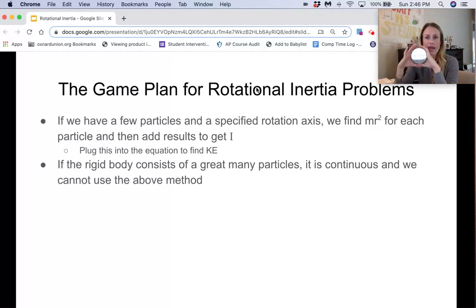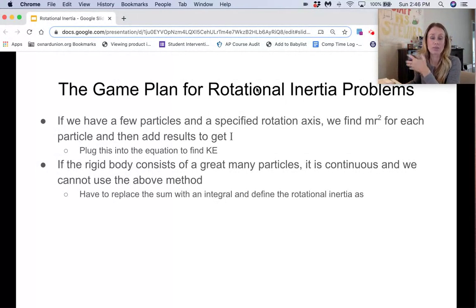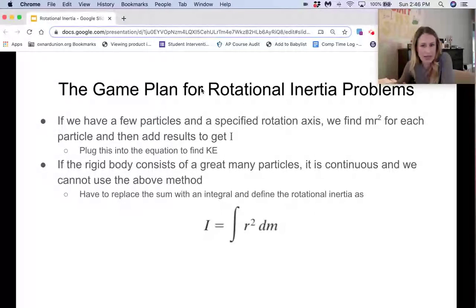So we have to use a different method: we replace the sum notation with an integral, and we define the rotational inertia as this. Our I, rotational inertia, is equal to the integral of r squared times dm. This is kind of a weird equation because you have the radius squared, r squared, and you're evaluating with respect to mass.